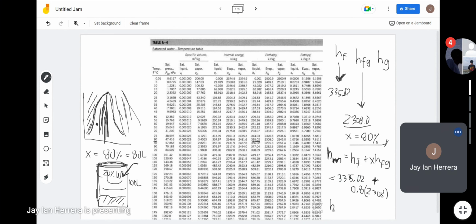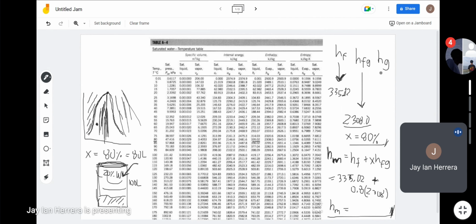So, yan yung enthalpy nung 80% na wet mixture. So, ayan. Solve nyo na lang sa calculators nyo. Ayan. Given na meron tayong wet mixture. Ayan. Huwag ko muna kayong magbasa ng steam table.